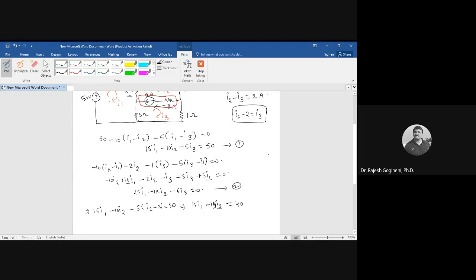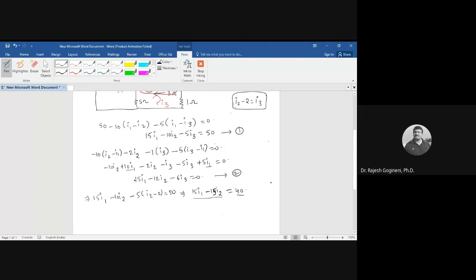If it comes on the other side, 15I1 minus 15I2, minus into minus plus 10, so it becomes 40. Now the second equation, 15I1 minus 12I2 minus 6 into I3, which is I2 minus 2, is equal to 0.